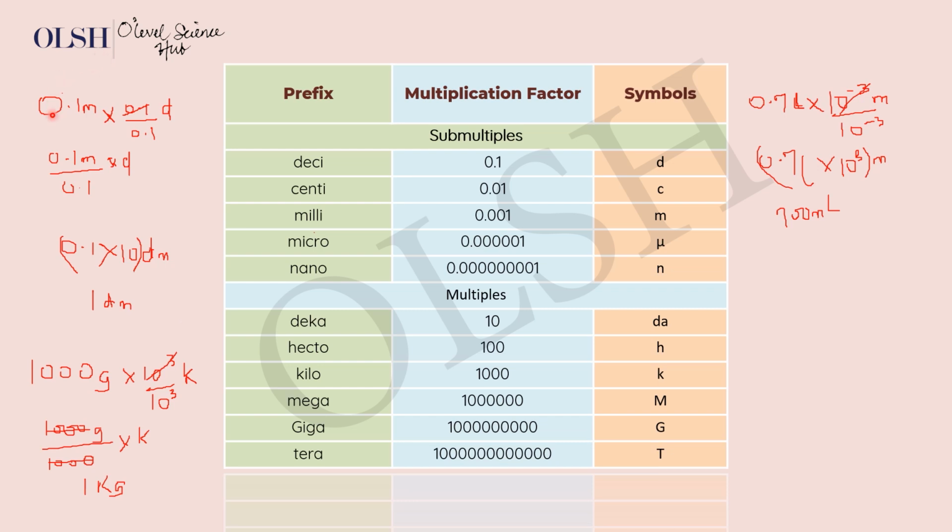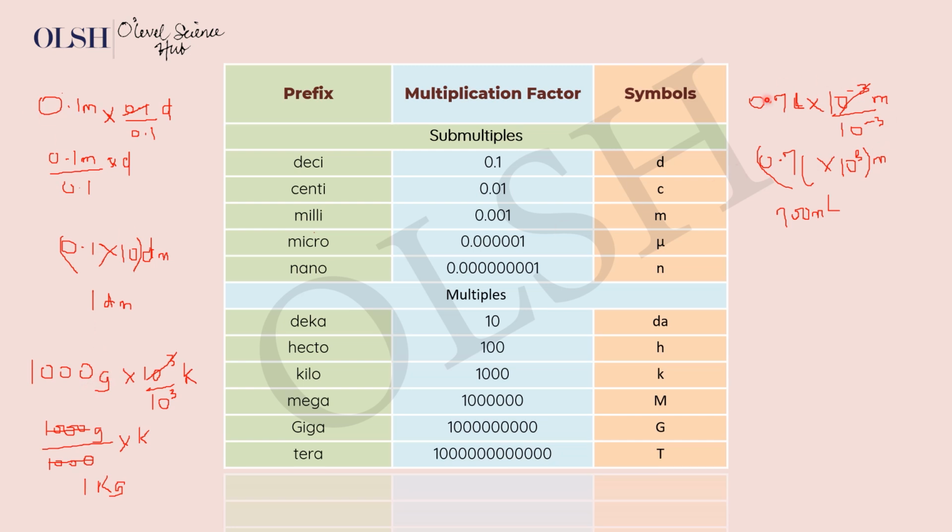Of course, you can just look at 0.1 meters and know it is 1 decimeter, because if you divide this by 0.1 or you multiply it by 10, it's 1 decimeter. You can look at 1000 grams and know that this is 1 kilogram, because if you divide 1000 by 1000, you have 1.